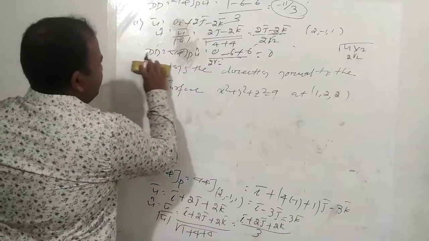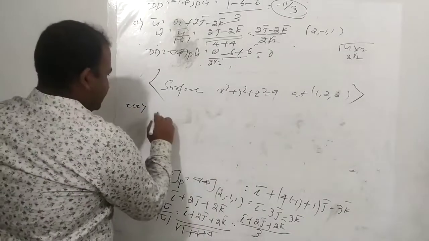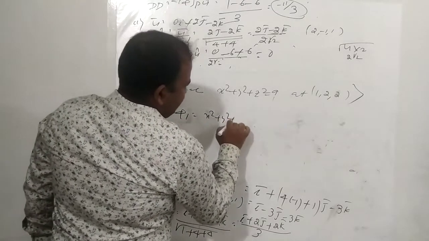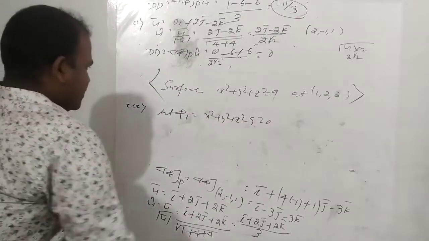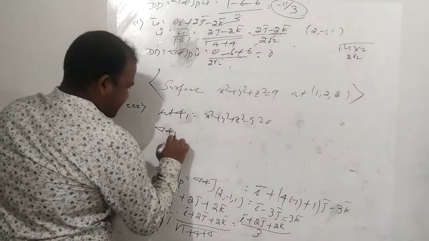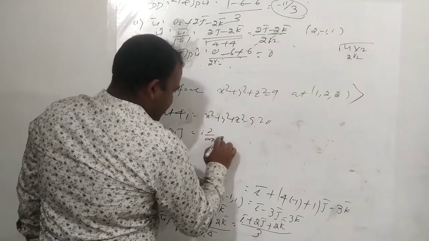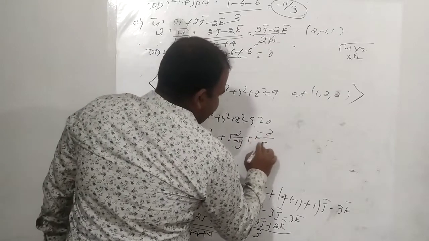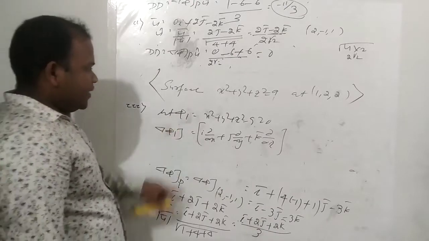Solution: let phi 1 equals x square plus y square plus z square minus 9 equals 0. Then del phi 1 will be i dou by dou x plus j dou by dou y plus k dou by dou z of phi 1.